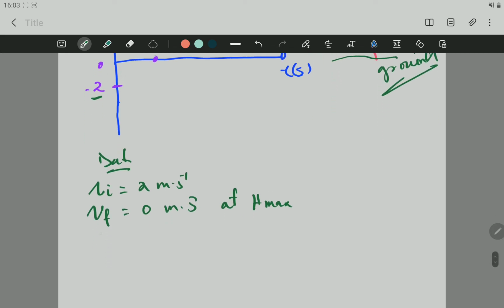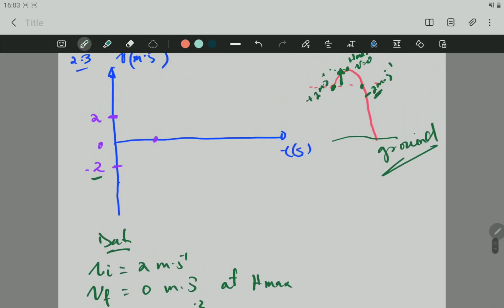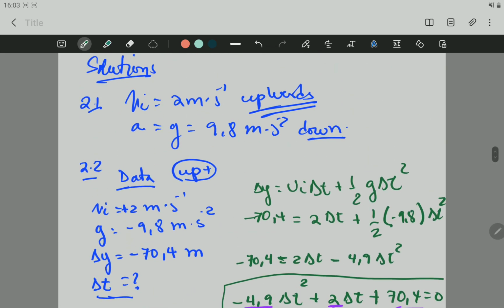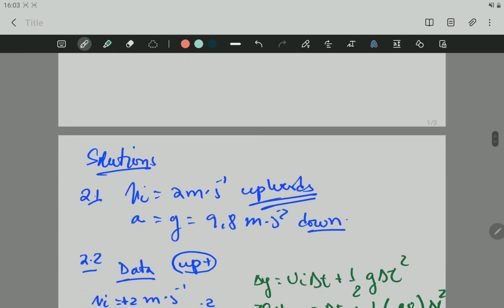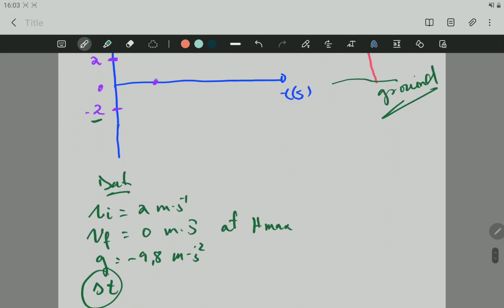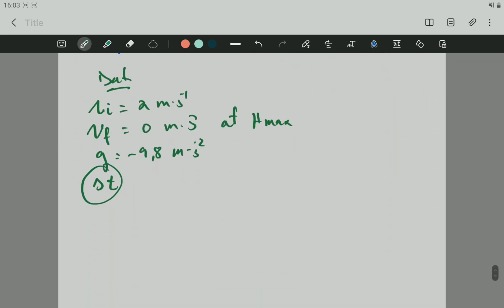We know that acceleration is equal to minus 9.8 meters per second squared, and we're looking for the time. So what formula can we use to calculate this time? From the data we have, you go to the formulas, and this one is going to help you calculate the time it takes to reach the maximum height.